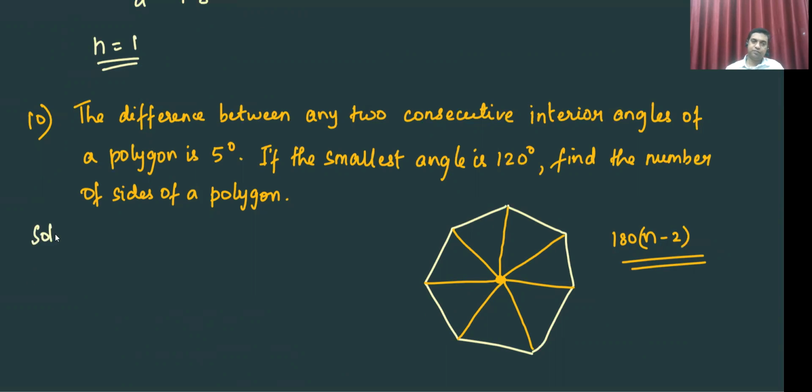For a triangle it's 180 and for a quadrilateral it's 360. So that's also a series. Yes, very good. Yes, a is 120 and the common difference is 5. That is true, but I'm saying the sum of all the interior angles of a polygon is 180 into n minus 2. How do you get that?